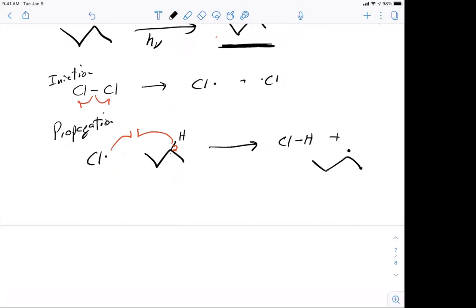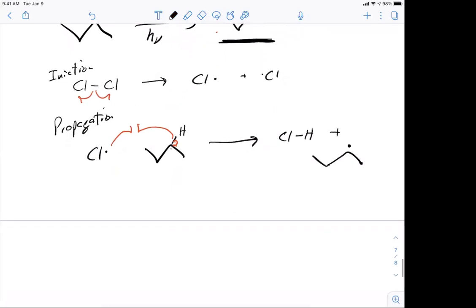Now that radical here is going to be, yeah, 3D drawing. So not always fun.